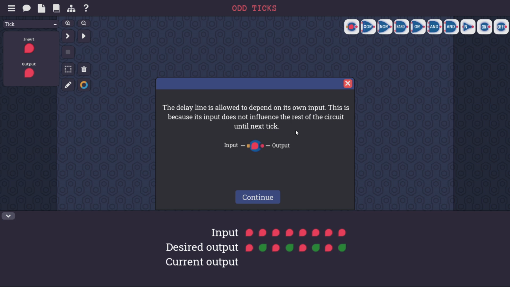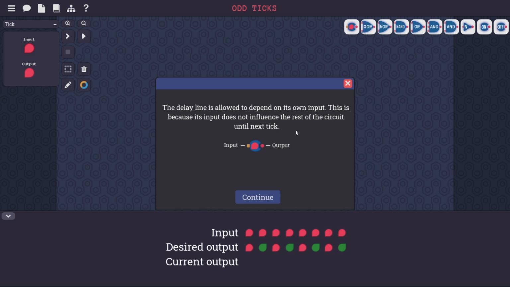But since everything happens under one tick, a tick is a cycle. A delay line kind of holds the signal and outputs it on the next cycle, so it doesn't really get influenced by the circular dependency.